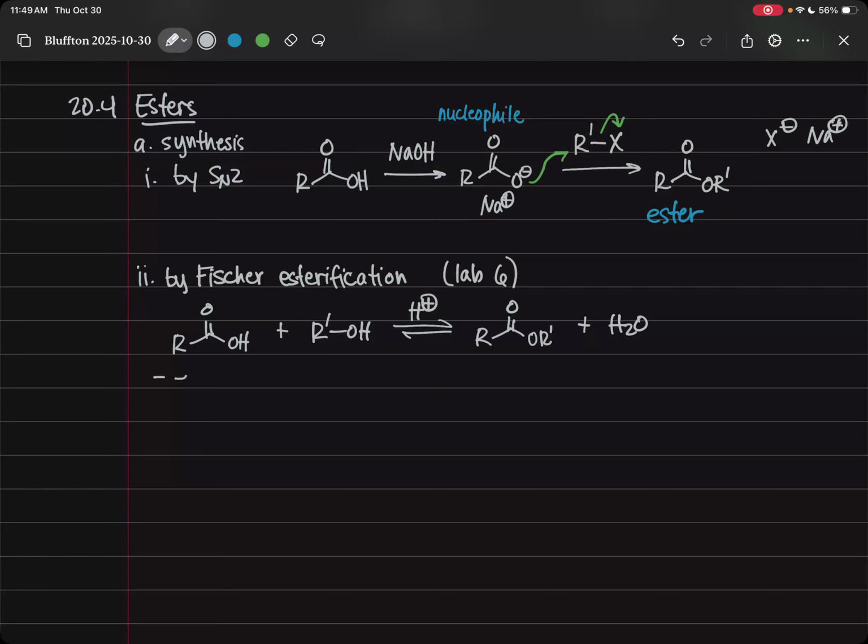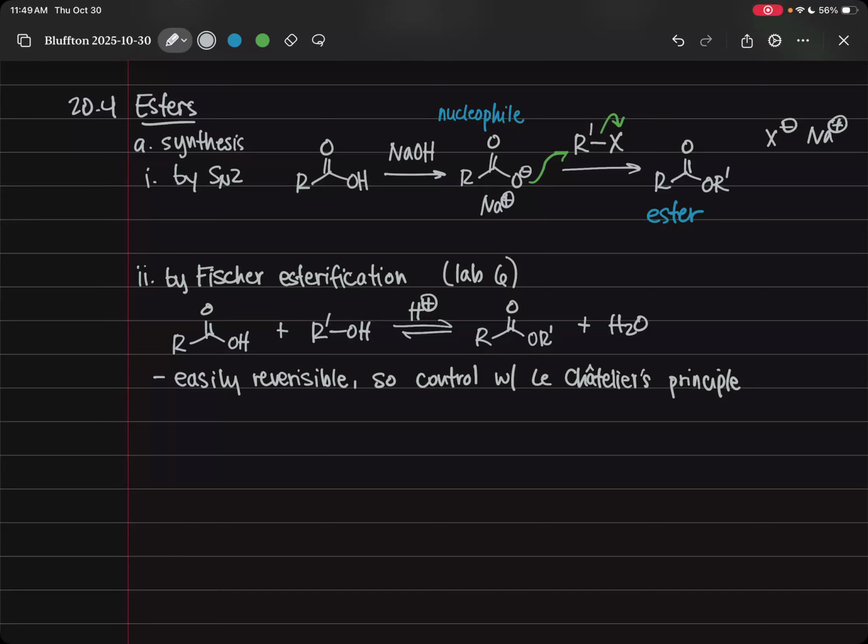So this reaction is an equilibrium reaction. It's reversible. So we need to use Le Chatelier's principle to control which direction the equilibrium goes.